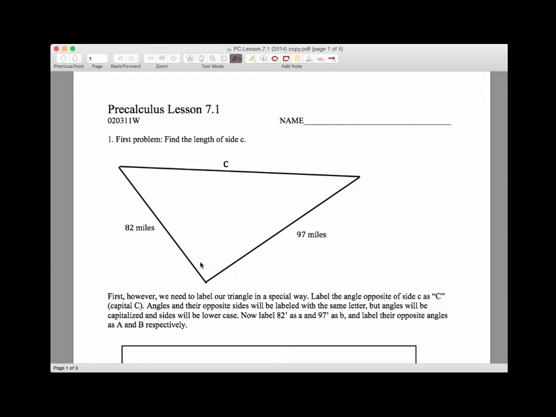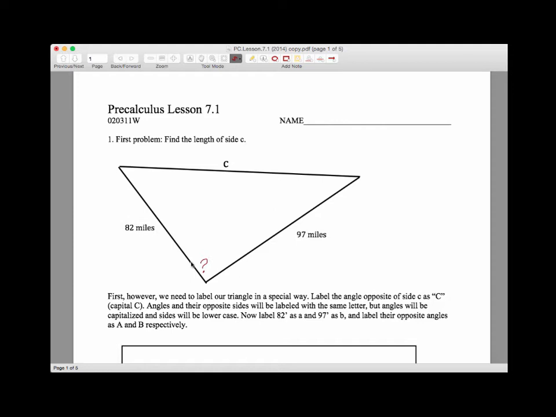First of all, we need a little notation reminder that anytime you have a little letter c, it's always going to be directly opposite of angle C. So we're going to let the angle across from side c be labeled capital C, or uppercase C. That will be the case for any sides and any angles.